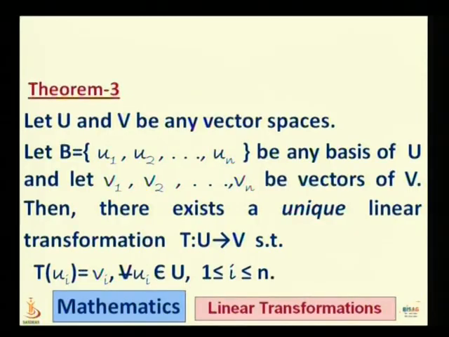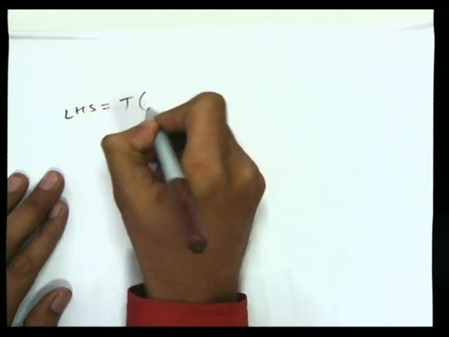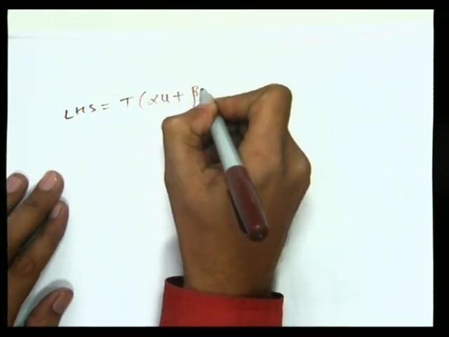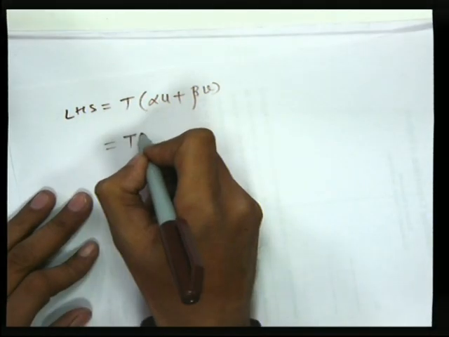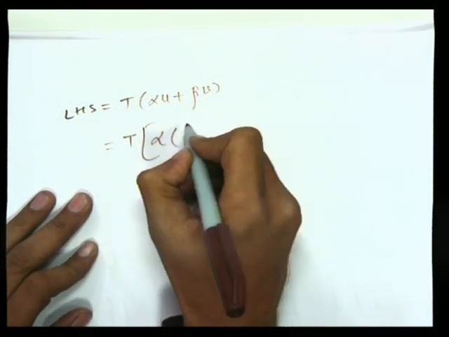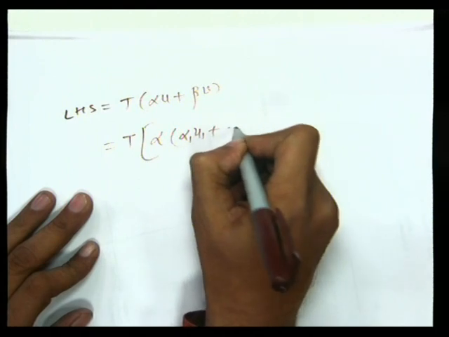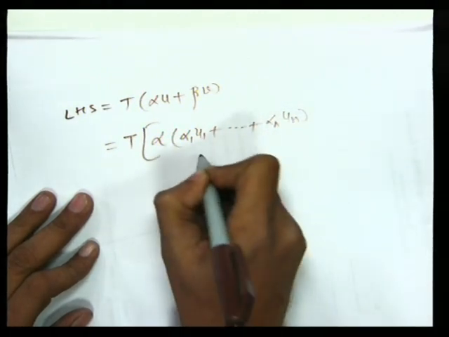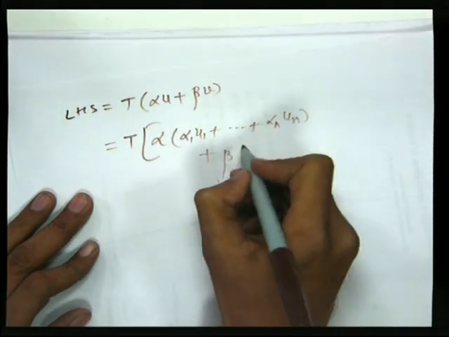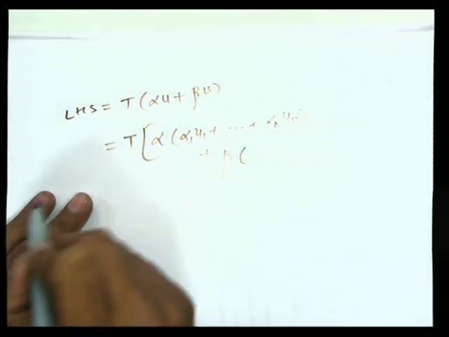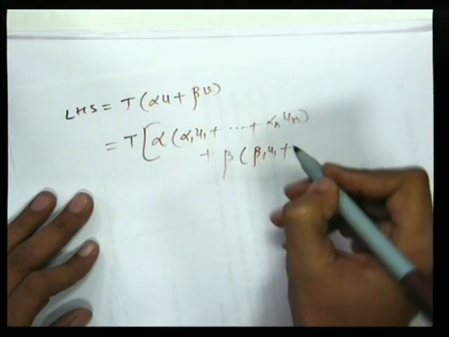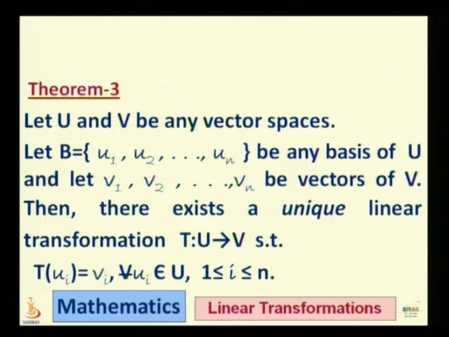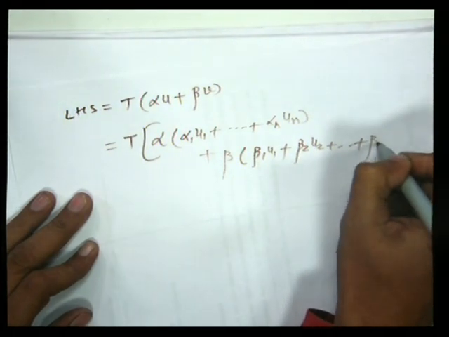Now here our left hand side is t of alpha u plus beta v, which is equal to t of alpha times u, that is alpha 1 u1 plus up to alpha n un, plus beta times v, that is beta 1 u1 plus beta 2 u2 plus up to beta n un.